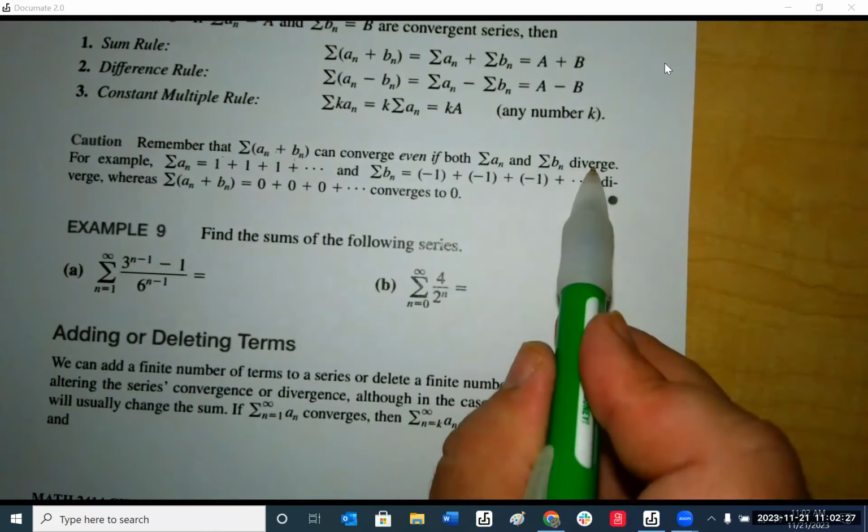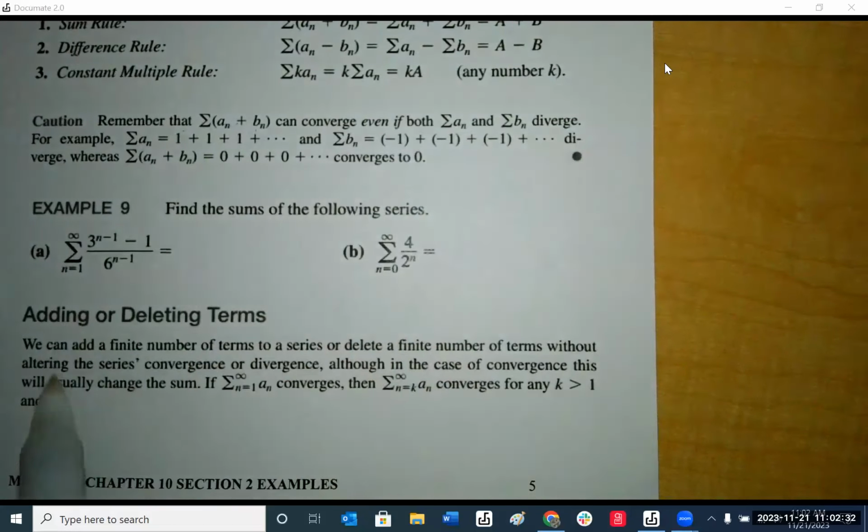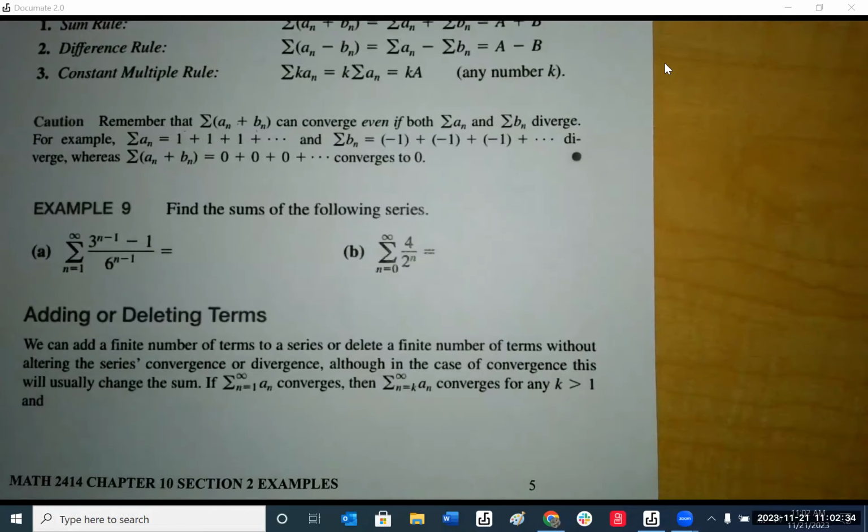So if they were both divergent, they can converge if we put them together. That's a pretty important distinguishing fact: just because each one is divergent separately, when we put them together, we can have a convergent series.